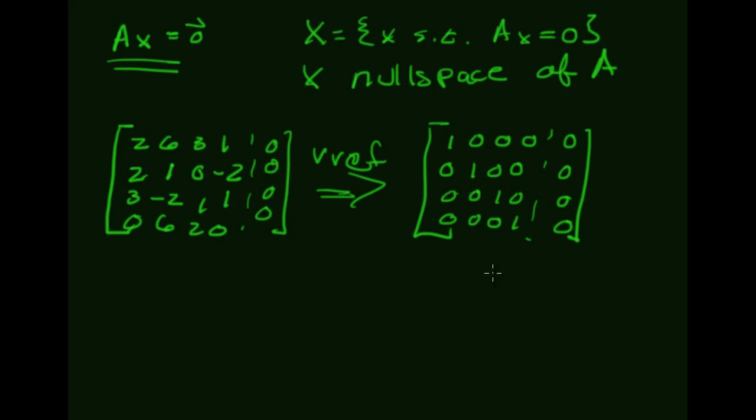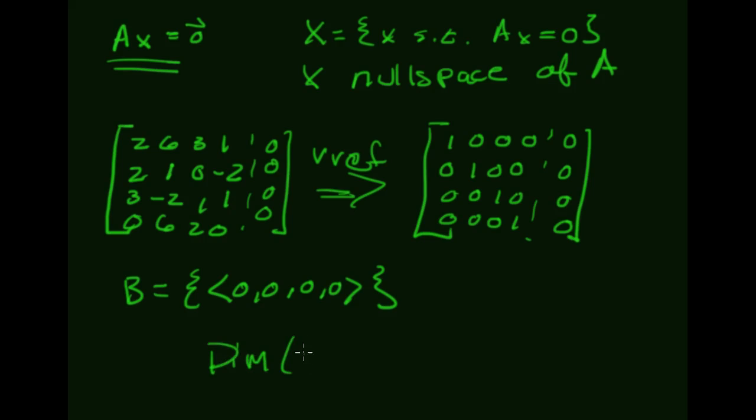So at the end of the day here, A is invertible, which means that these vectors are actually linearly independent, which means that the only solution to this system is the 0 vector, which ultimately means that the basis is just the 0 vector. And when we have a basis that is just the 0 vector, we say that the dimension of the null space here is 0.